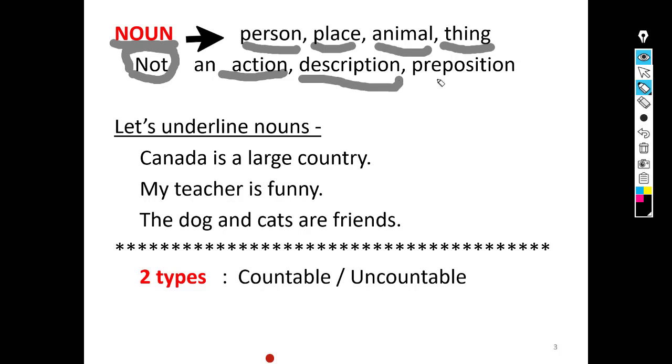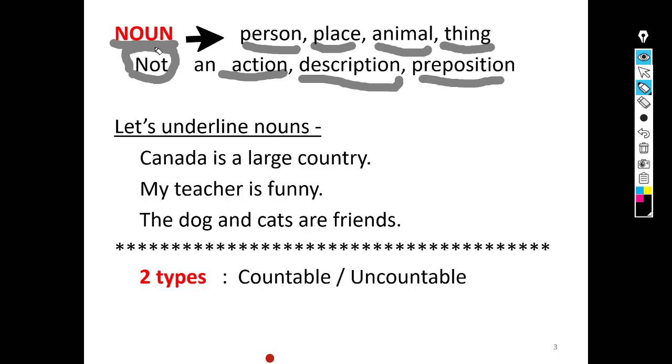And prepositions, like the word on, under, okay? A noun is like I said before, one of these things. So, in English, there are lots of nouns, and it can be a person, place, an animal, and lots of things like marker, bed, mug. Yes, they are nouns.